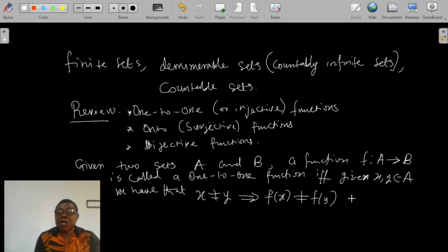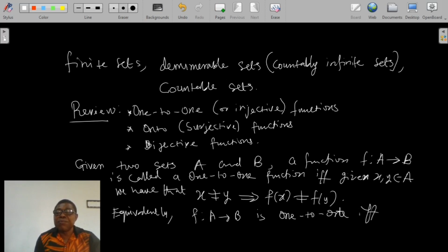An alternative way of saying this is in the line of the contrapositive of this statement. I can say equivalently, f from A to B is one-to-one if and only if for x, y in A, f of x equals f of y implies x equals y.